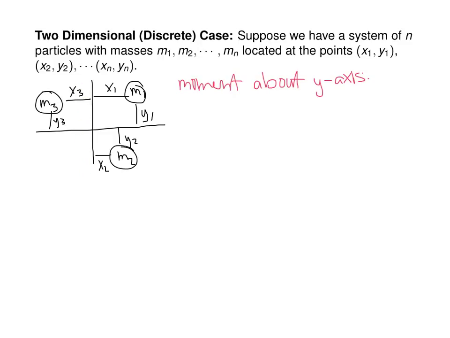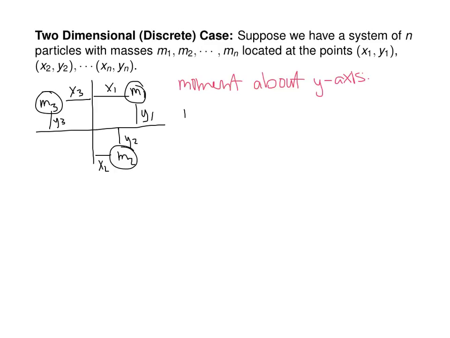Think about fixing a plane parallel to the y-axis, your hand or something like that, and trying to balance the system that way. That's called the moment about the y-axis. Then, after we find that, we balance the system this way. That's called the moment about the x-axis. And once we have an x-coordinate and the y-coordinate, those two coordinates give us the center of mass.